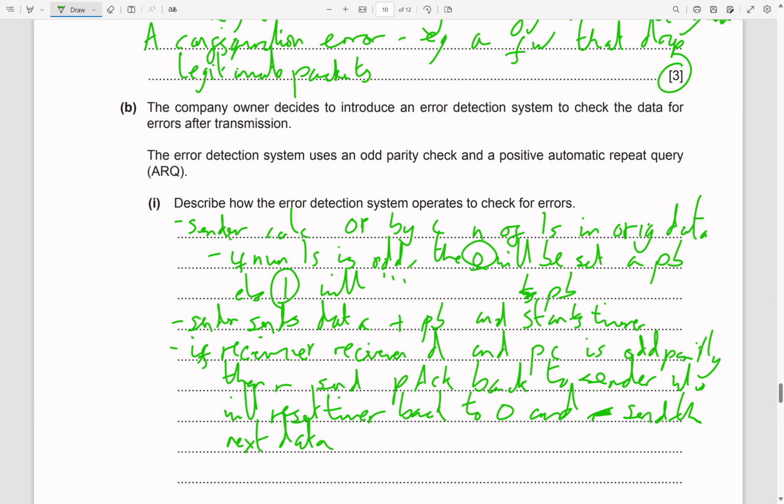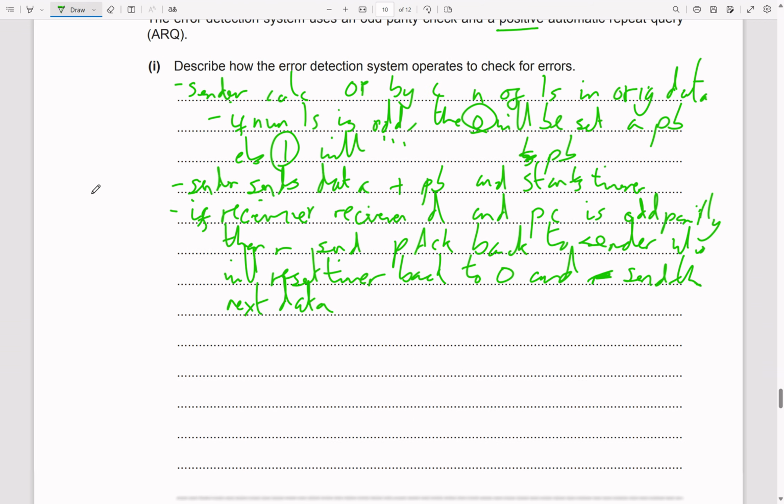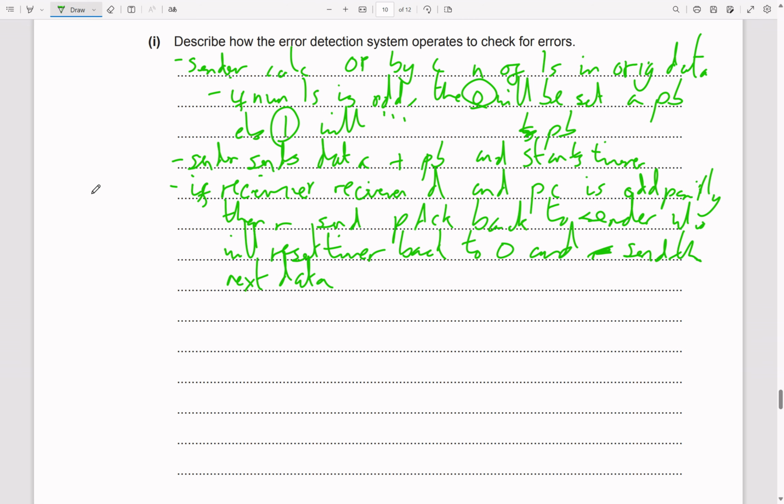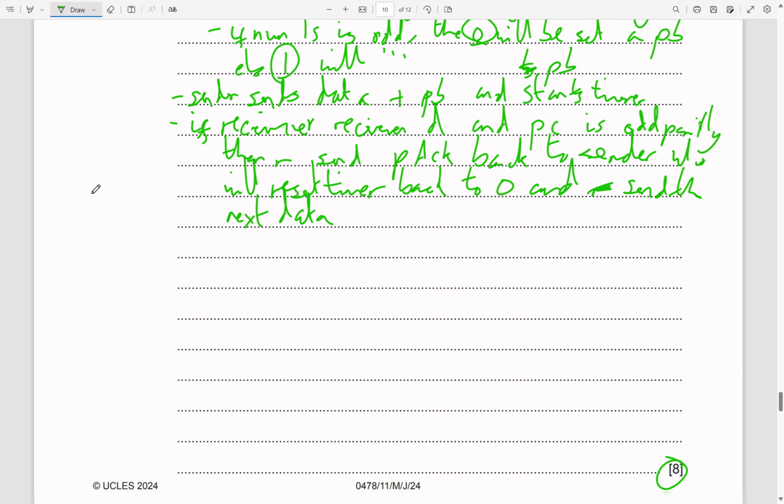But in this case, because they're specifically saying positive automatic repeat request, it's only going to send the positive acknowledgement. It's only going to send something if it's successful. The receiver will never send, hey, this failed, send it again. And the way that the sender will know if it failed is if they don't receive the positive acknowledgement after the set timeout.